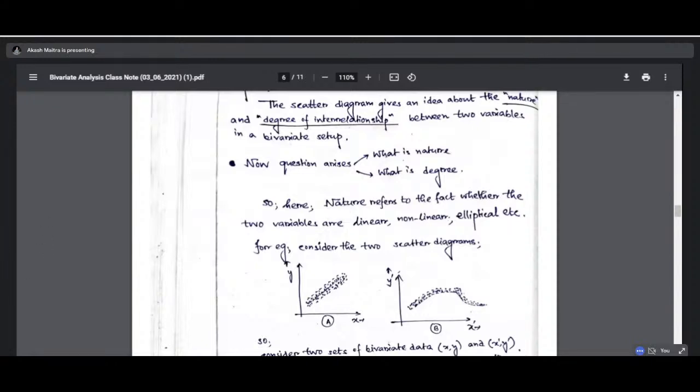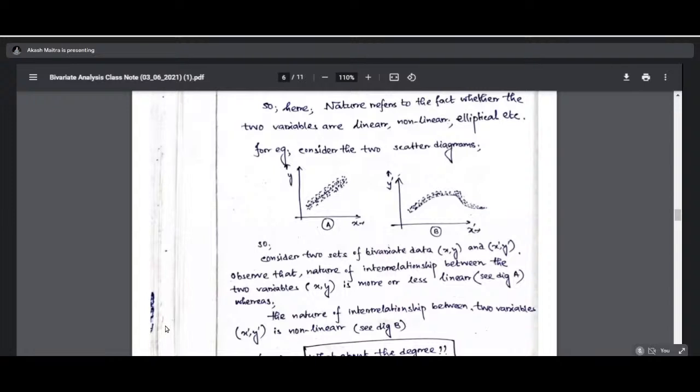What is nature and what is degree? So nature refers to the fact whether the two variables are having a linear relationship, non-linear relationship, etc. Likewise, in these figures, you can see that in A there is a linear relationship, whereas B is something non-linear. I have taken these two examples from the data points, like consider two sets of bivariate data, x and y, and x dash and y dash. In A, we observe a linear relationship. That is, lower the x, lower will be the y, and higher the x, higher will be the y.